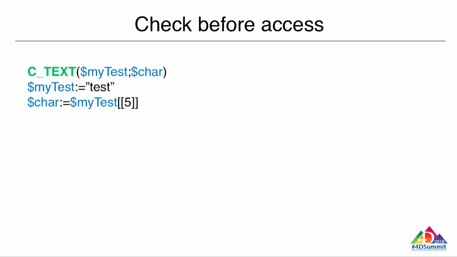Another example I would like to go over is accessing certain areas of text. So in this my test, we have 4 characters. Now, we kind of know that this is just an example, but let's assume that we always wanted to hit a certain location. In this case, we're trying to hit the 5th location of this particular string.